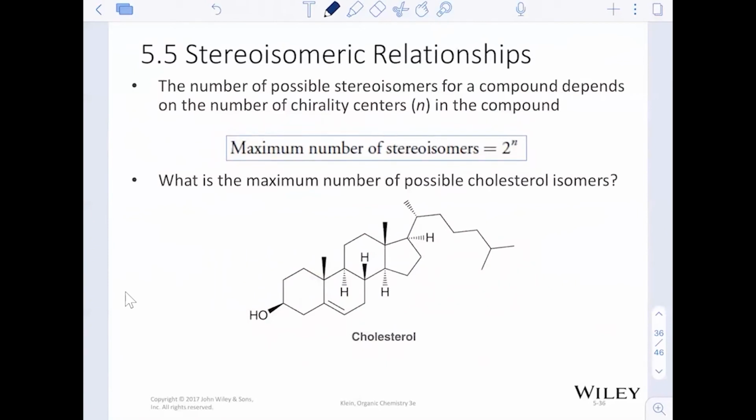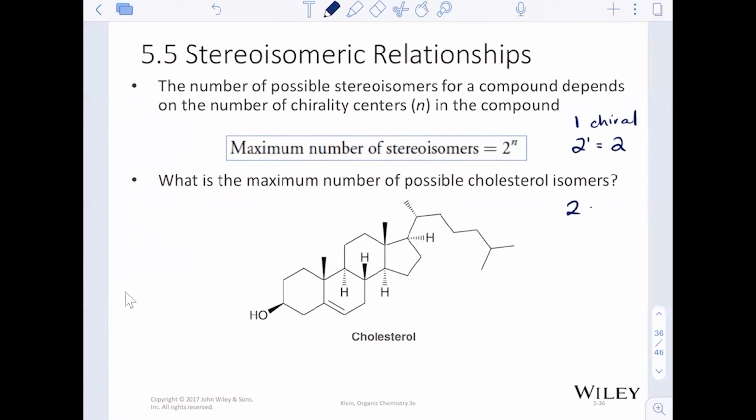For the number of possible stereoisomers to be determined, we look at the number of chiral centers: 2 to the n, n being the number of chiral centers. So if you have 1 chiral center, 2 to the 1 is 2. There are 2 possible stereoisomers. They're going to be enantiomers. There are no diastereomers. That's the simplest way.